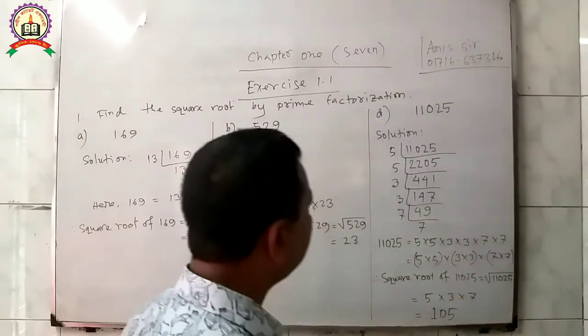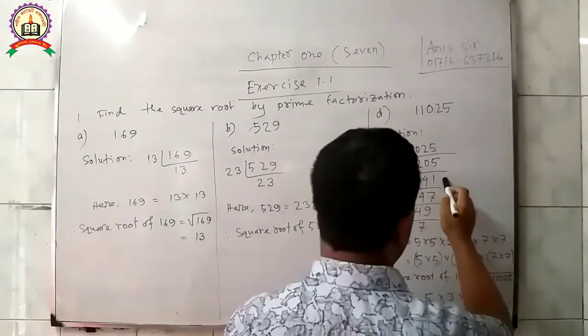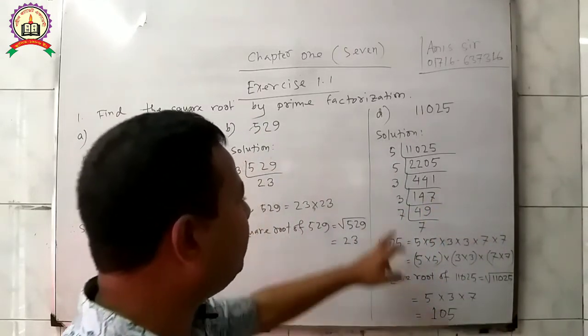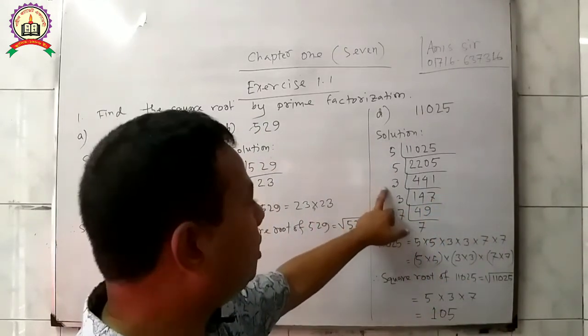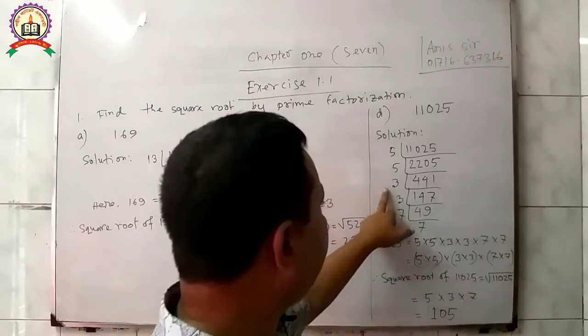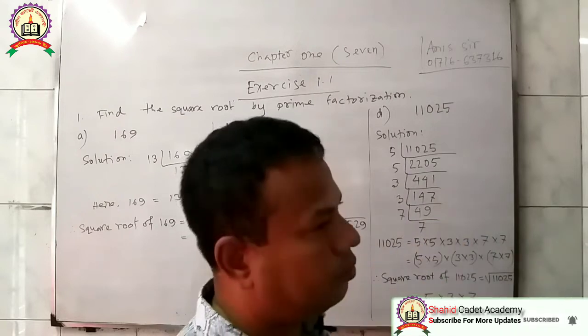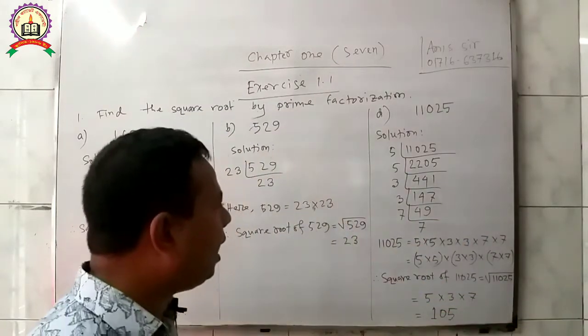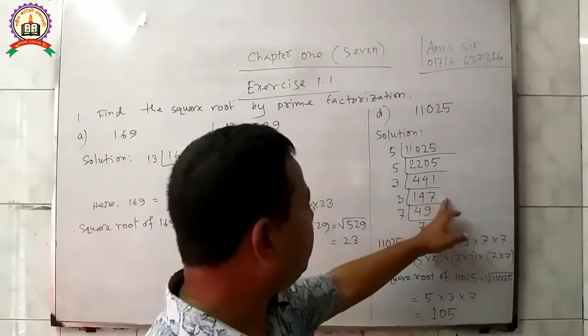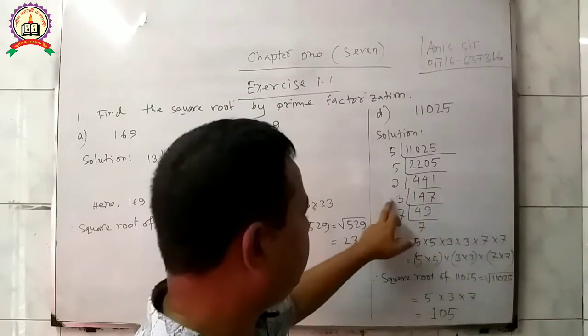441 is divisible by 3. If we divide it by 3, then we get 147, and 147 is also divisible by 3.